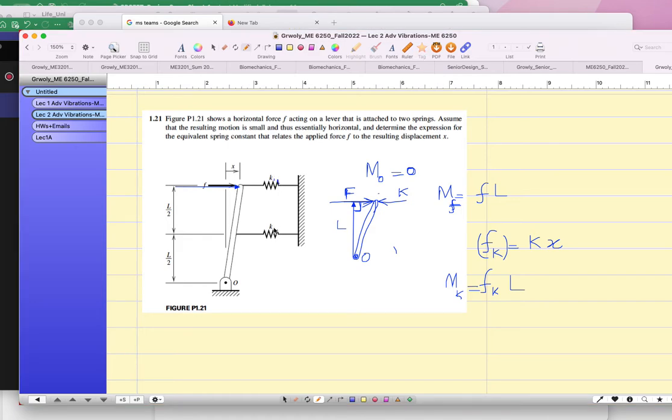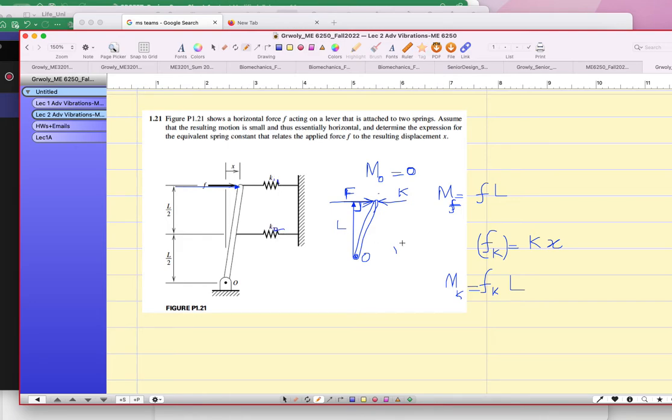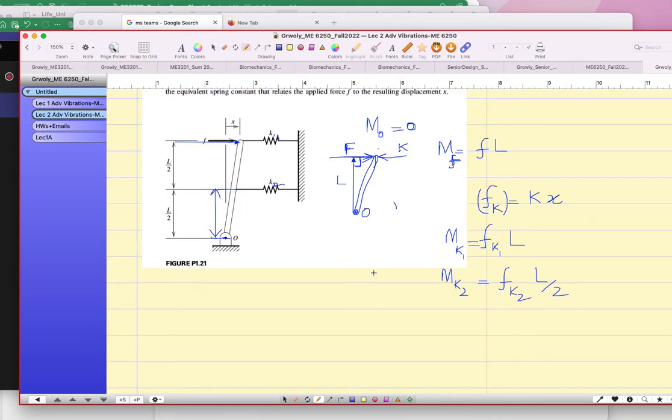To make it easy, this is K1, this is K1, and the moment of spring K2 is Fk2 times L by 2, because the perpendicular distance, the moment arm, is L by 2. Agreed?